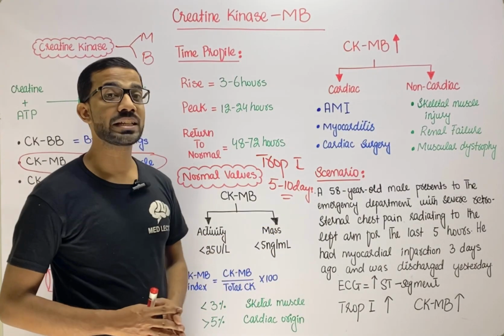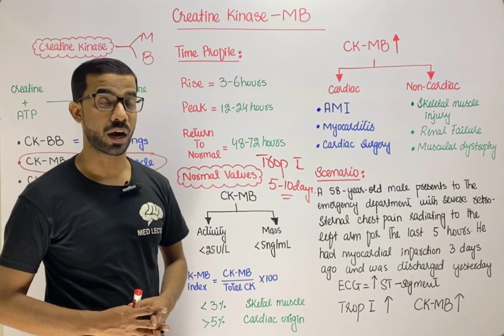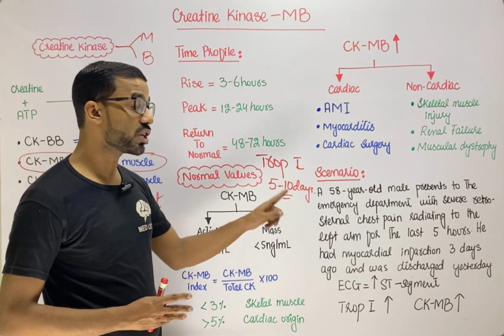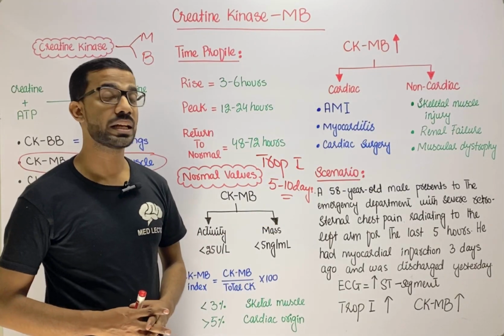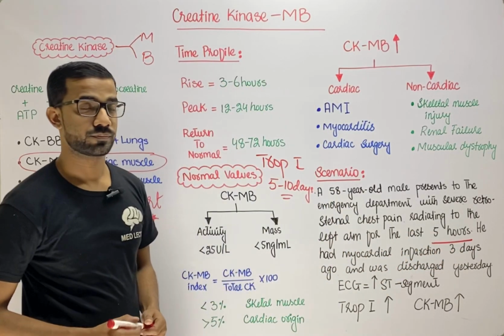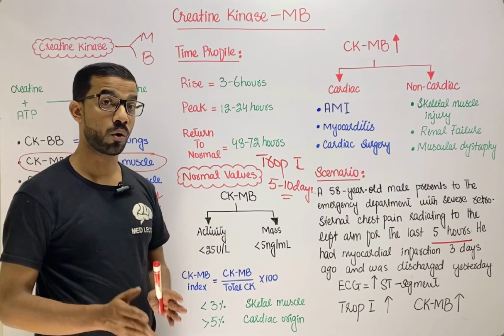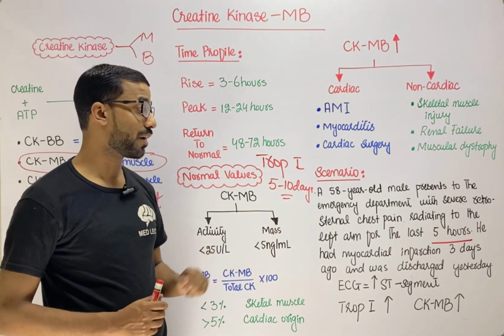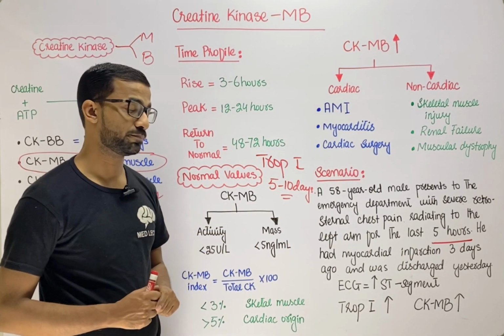Next, we will see the scenario. A 58-year-old male presents to the emergency department with severe retrosternal chest pain radiating to the left arm for the last 5 hours. He had a myocardial infarction 3 days ago and was discharged yesterday.